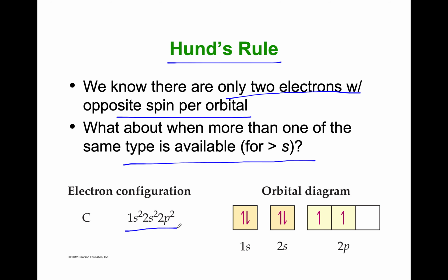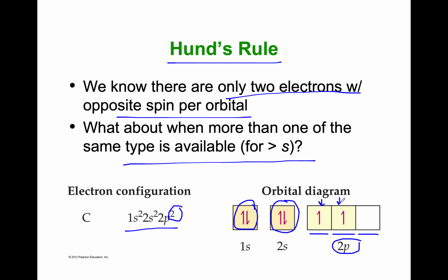So if we have carbon, for instance, the 1s pairs up, that's the lowest energy. 2s pairs up because that's the second lowest in energy. And then 2p is a little higher in energy. But look how we've got 3 orbitals in 2p, and they all have the same energy. So these 2 electrons then, you want to spread them out and give them their space.